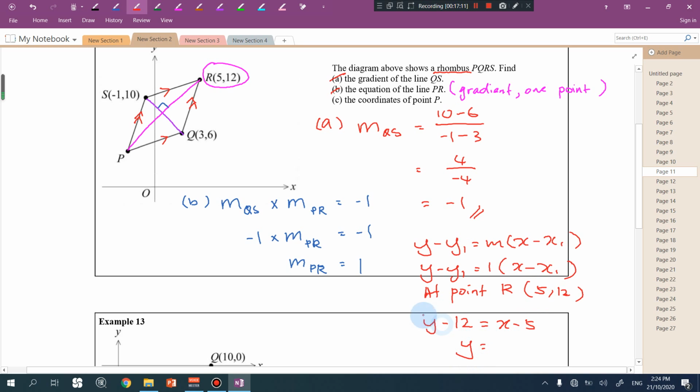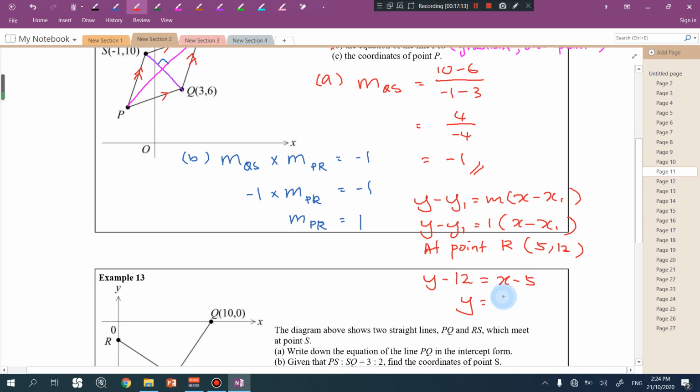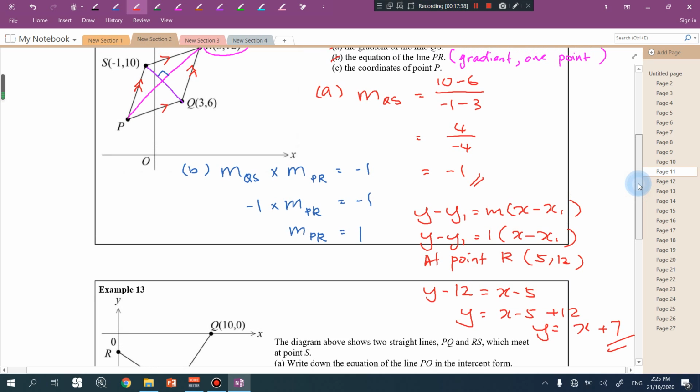So we try to rearrange all this nicely. x minus 5 plus 12. So y is equal to 2x plus... oops, sorry, not 2x, should be x. I'm a little careless. So this is x, and this is 7. y is equal to x plus 7. So this is the answer for this question.